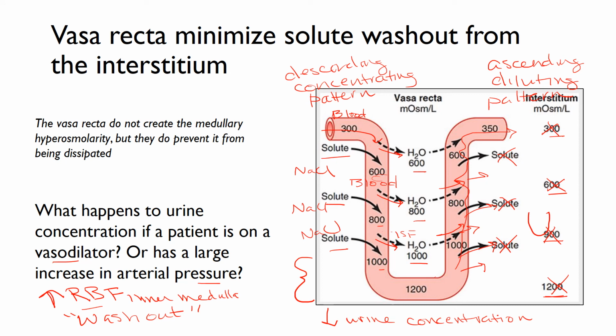So if the maximum concentration is 1200, which is what it is in humans, then this is not only the maximum concentration in the blood at this portion, but also in the tubular fluid. What happens then in the collecting duct after this concentrated tubular fluid and blood ascends back up towards the cortex and goes through the distal tubule?